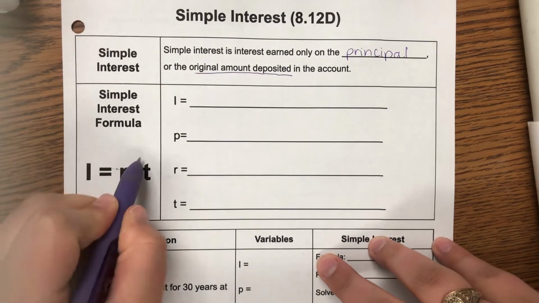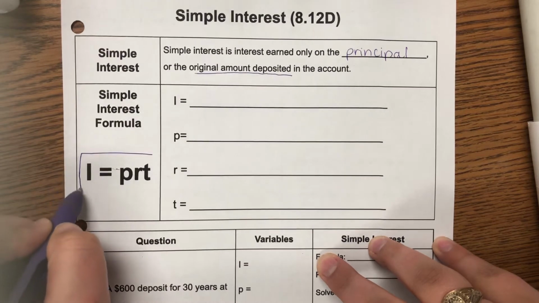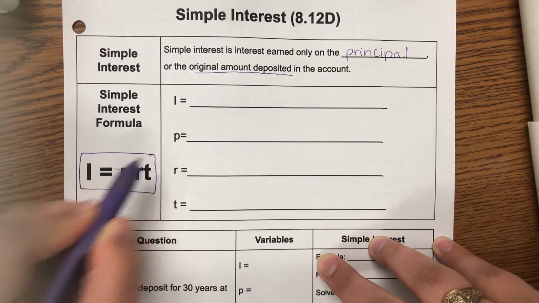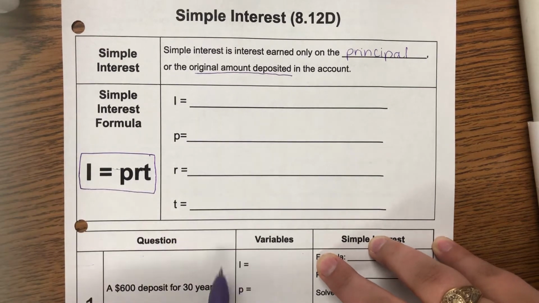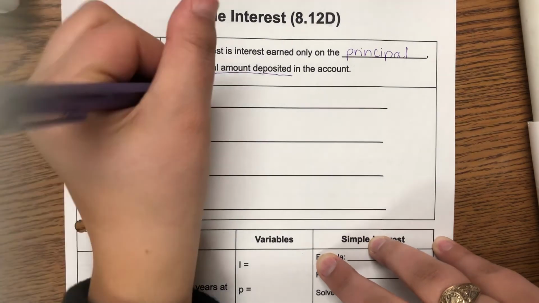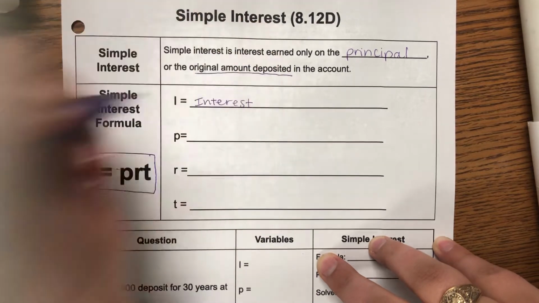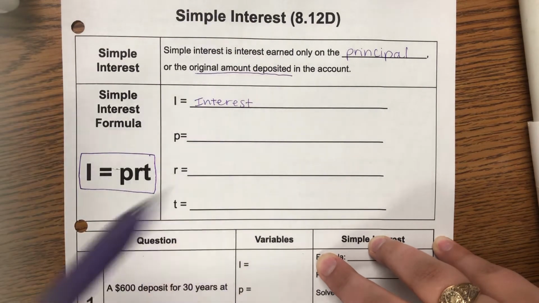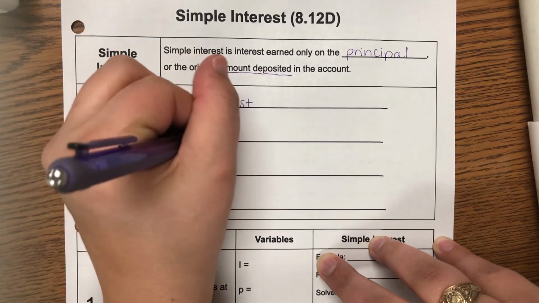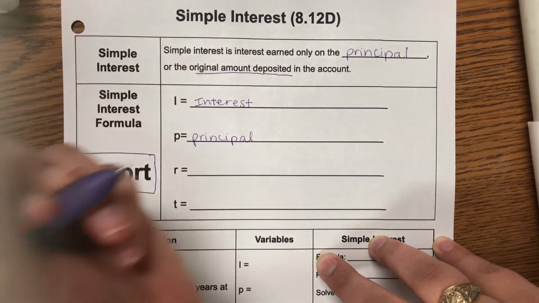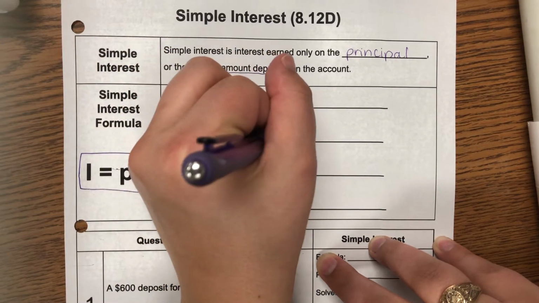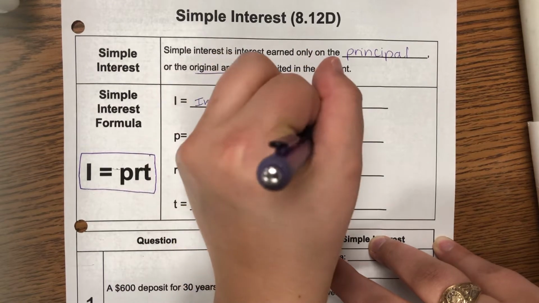If you look on your STAR reference sheet, this is on that STAR reference sheet towards the bottom. Okay, and these are what these variables mean. So the I means interest. The P means principal, okay, which is the initial amount deposited.